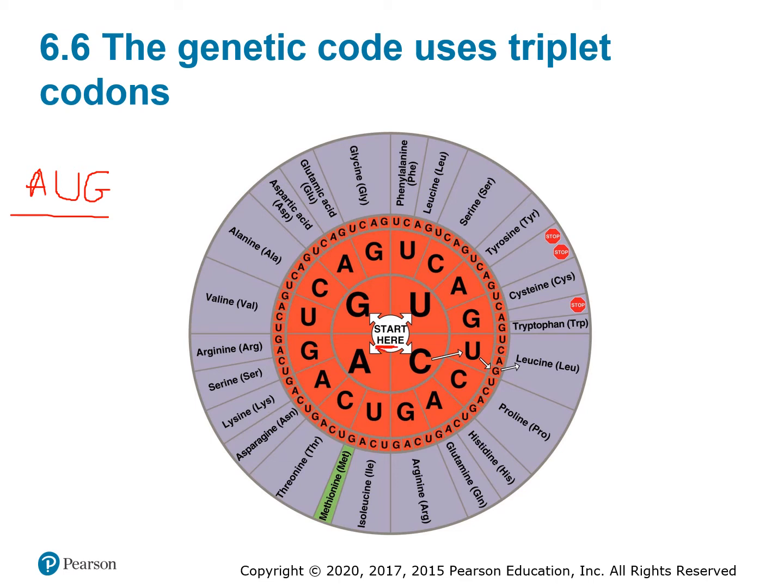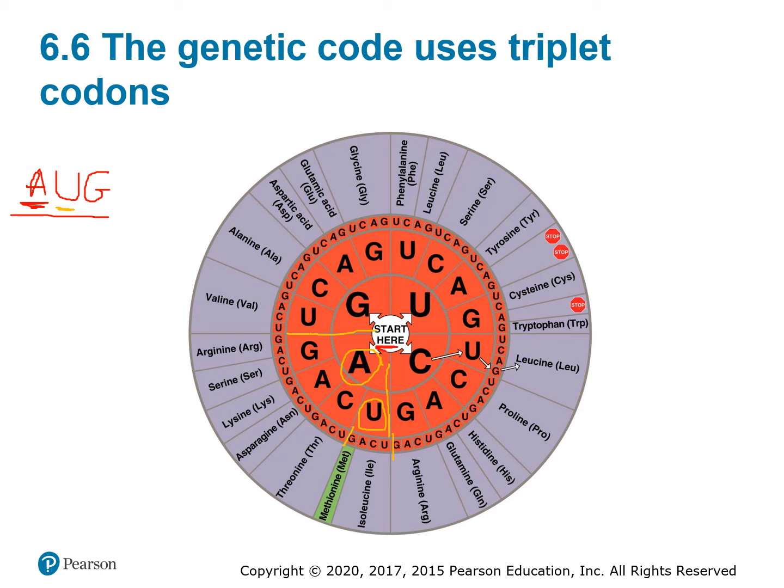Okay, so our first nucleotide is A. So we are going to start here with the A. Then our second is U. So we go from A, which is in this quadrant right here, to U, which is right here. Now we're just dealing with this quadrant, okay?